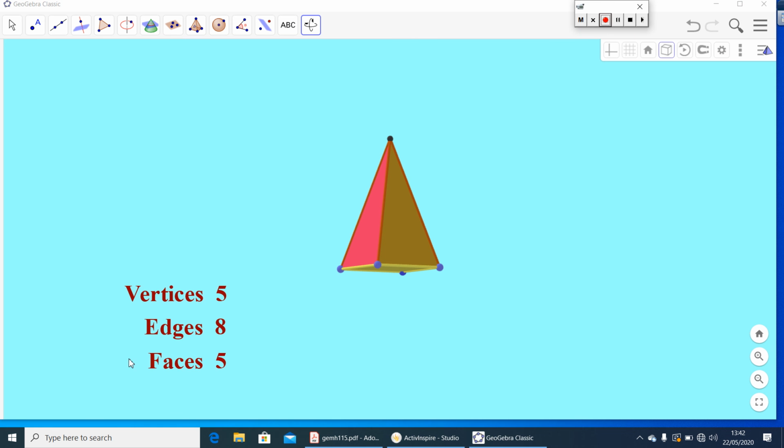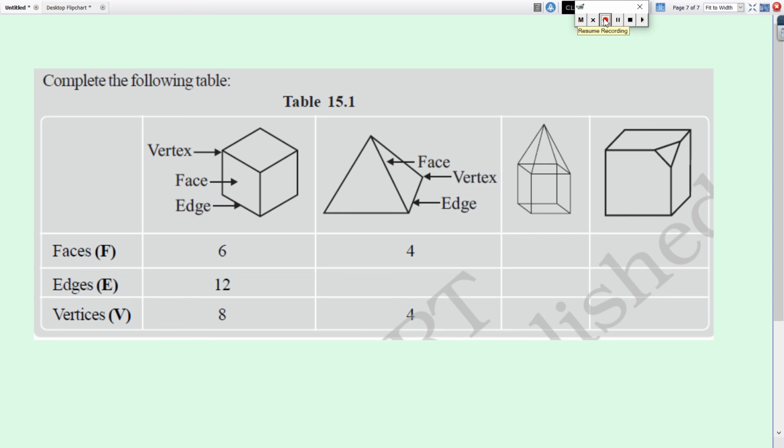So in total for a square pyramid you will get 5 vertices, 8 edges and 5 faces. Now I will give some questions to write vertices, edges and faces of some solids. Here the first figure is a cube and it has 6 faces, 12 edges and 8 vertices, like a cuboid.